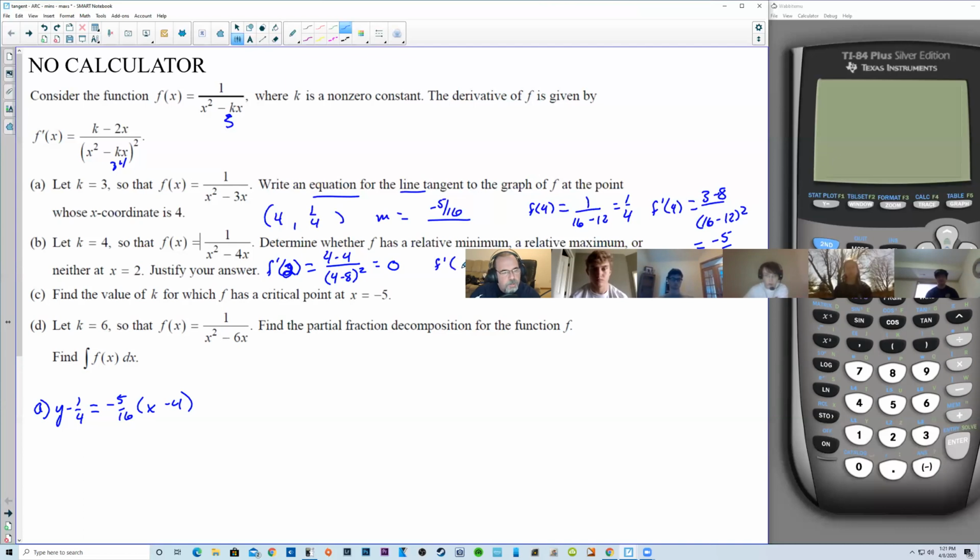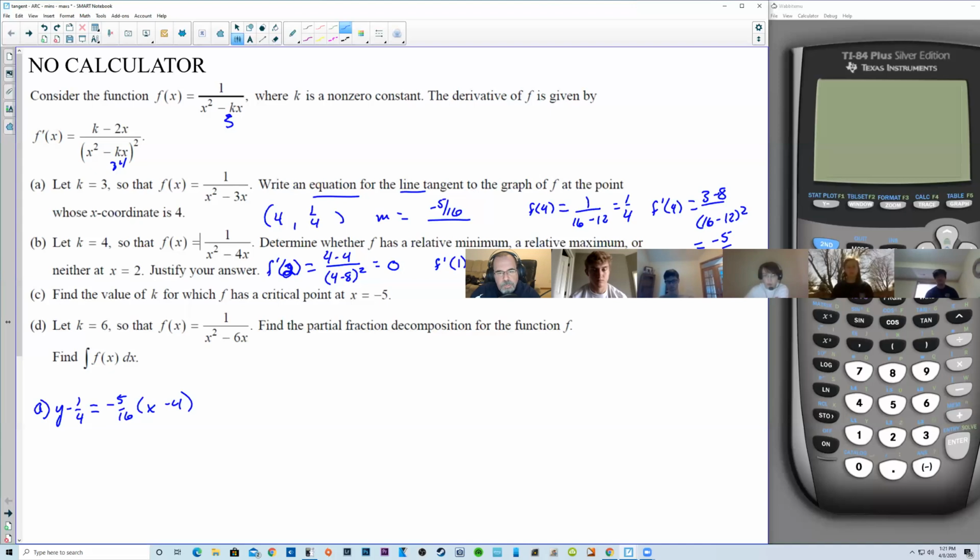f prime of 1 is equal to, k is 4, so 4 minus 2 over 4 minus 8 squared. If we're squaring the denominator, it's not going to affect the sign, but let's continue anyway. So that's 2 over 16, 1/8.